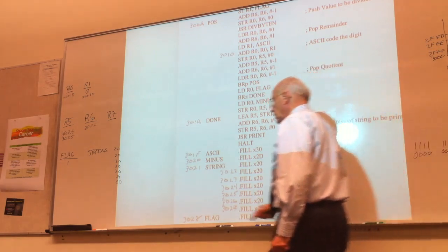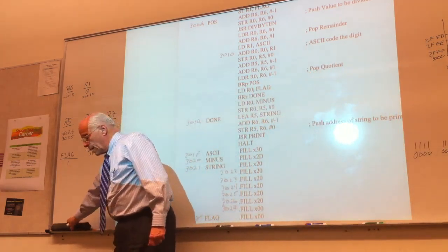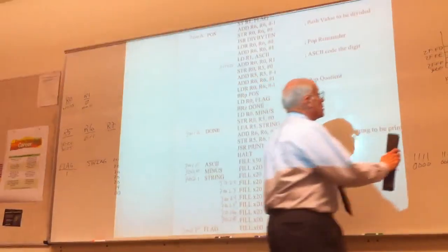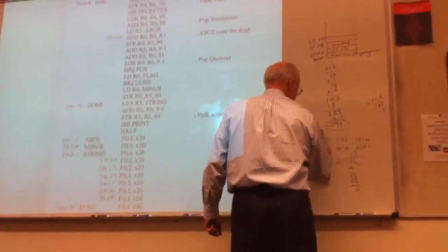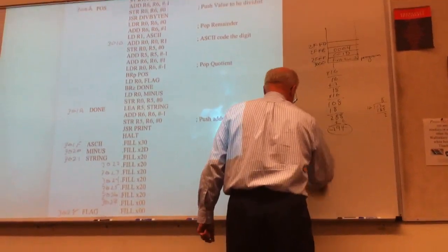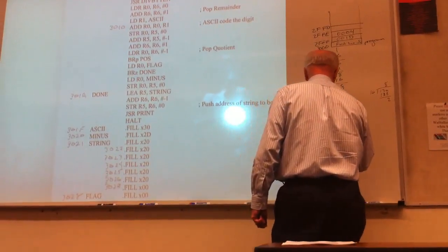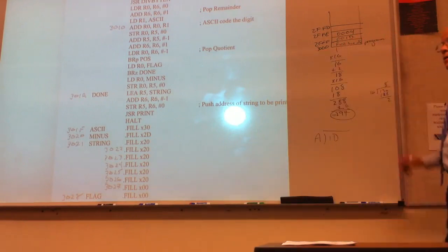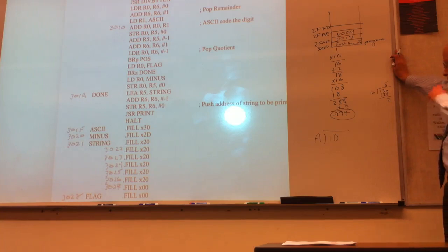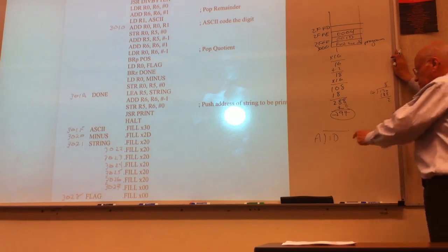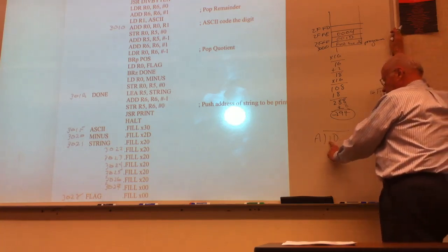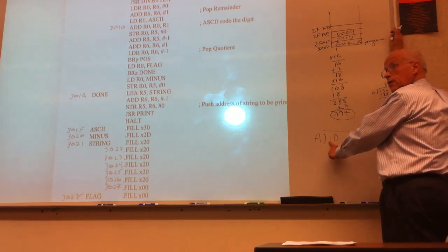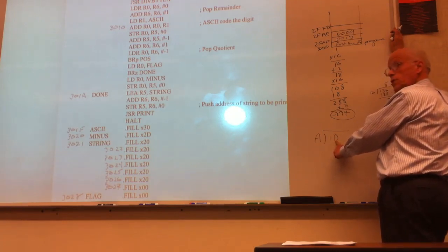Okay, now, the divide by 10 routine is going to take that thing that's on the top of the stack and divide by 10. You can do this division in hex if you think about it. This is 1 times 16 plus 13.